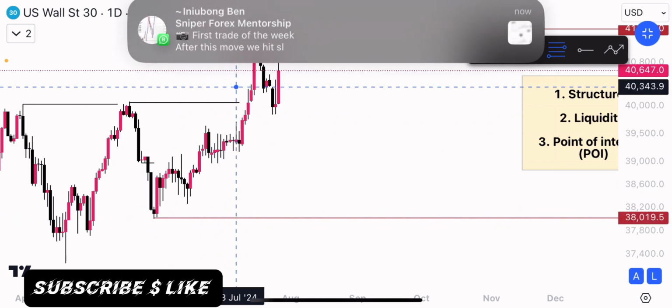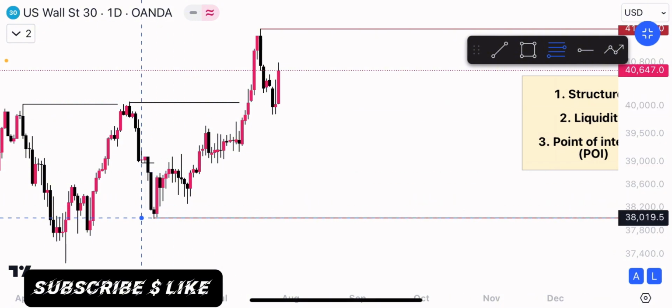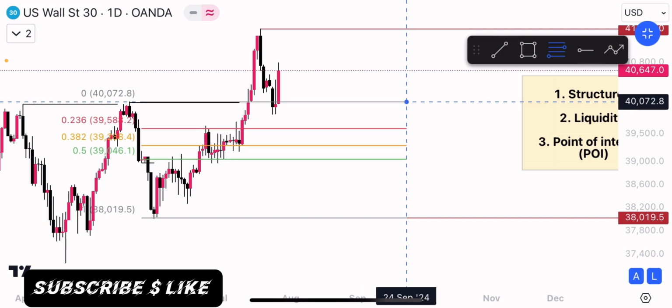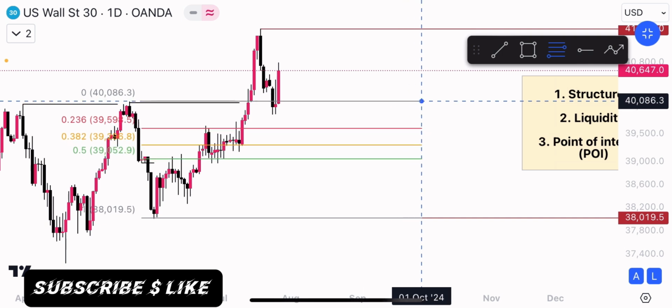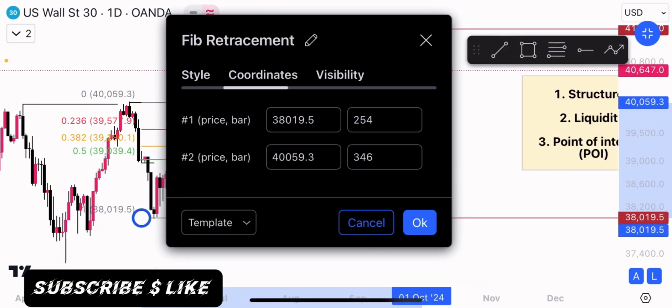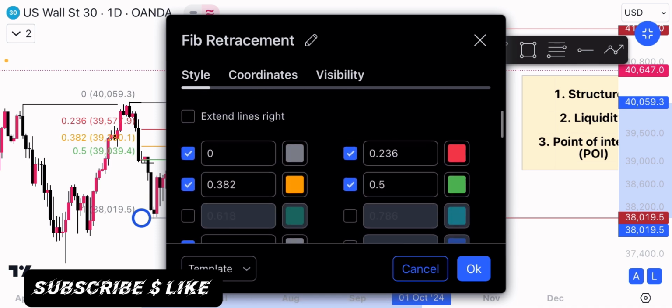From this low to this swing high that was broken, put your Fibonacci retracement to it, okay? Let me show you guys how you can easily spot your liquidity now. Now we have spotted our swing highs, which is our structure, okay? Let me quickly edit this.